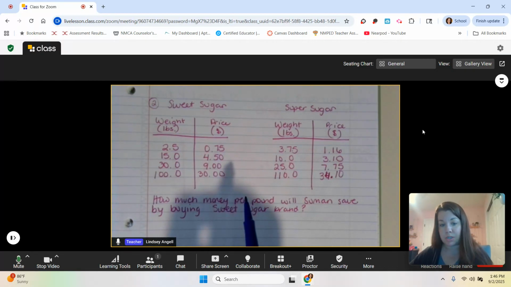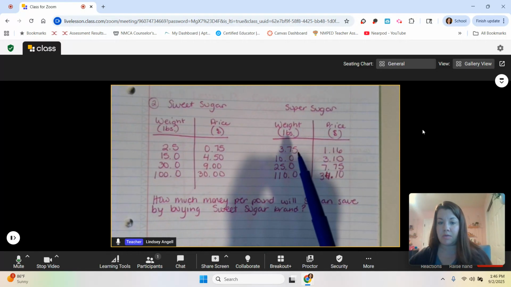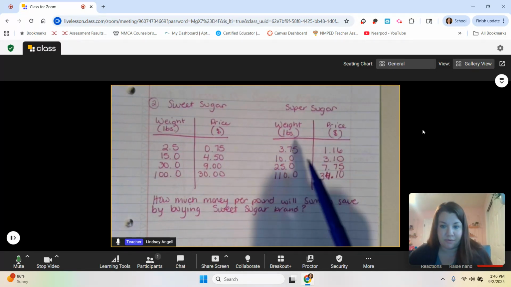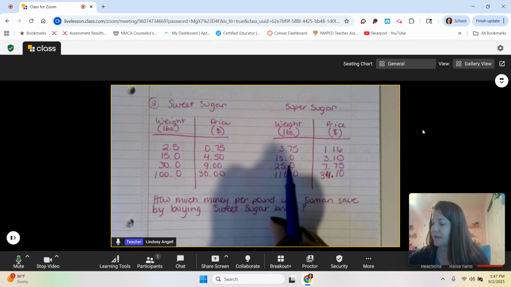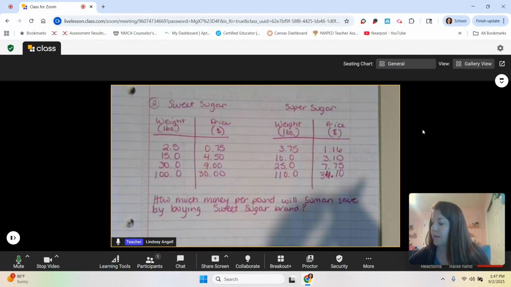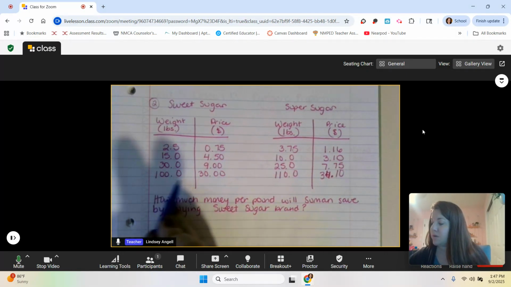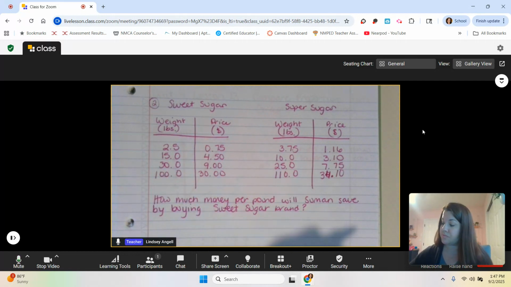And it is proportional as it goes up. With this one, for 3.75 pounds, you're paying $1.16. The easiest one to work with on this one is probably going to be the 10, or even on this one over here, maybe the hundreds, okay?